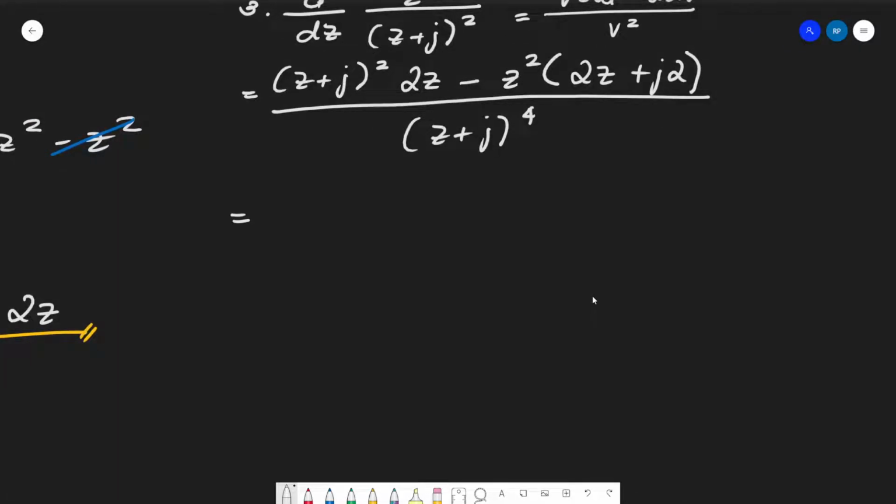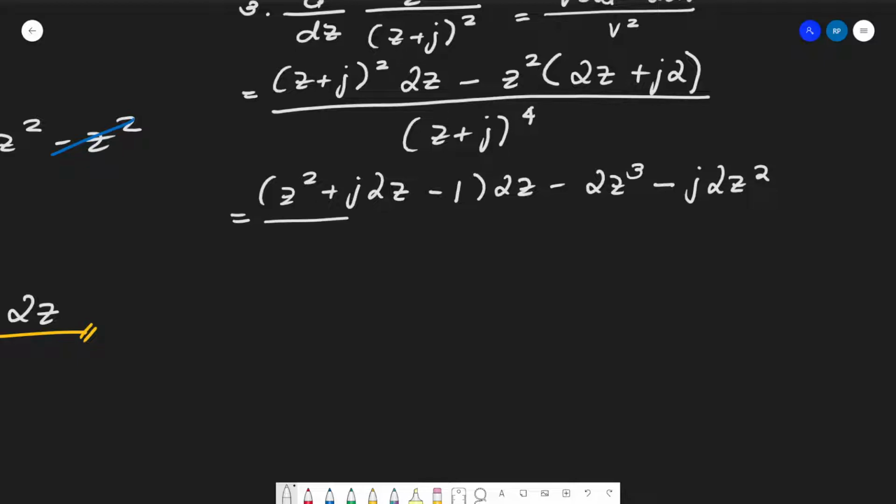So, evaluate natin. Simplify natin itong mga functions natin na to. So, we have z squared plus j times 2z. J squared is negative 1, so that is minus 1, times 2z minus 2z cubed. Dinistribute ko na. 2z cubed plus, or rather minus, j 2z squared.